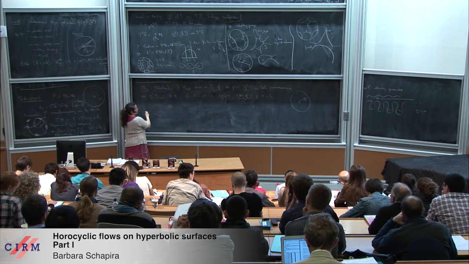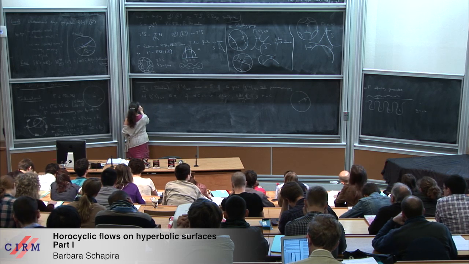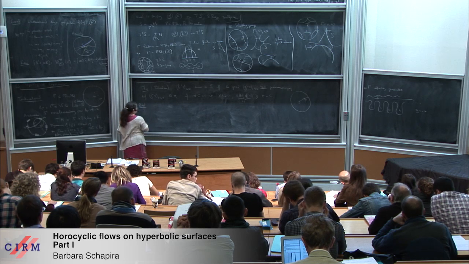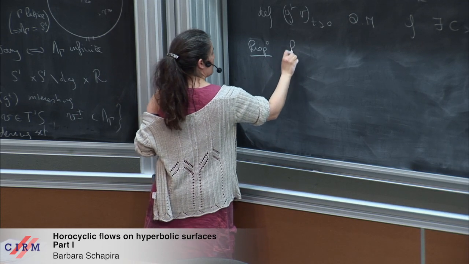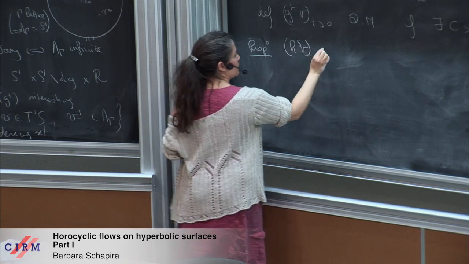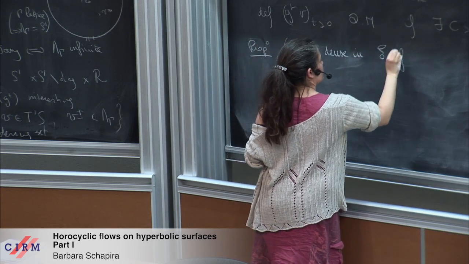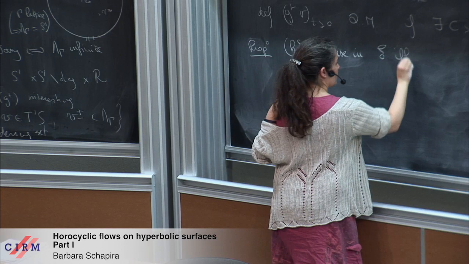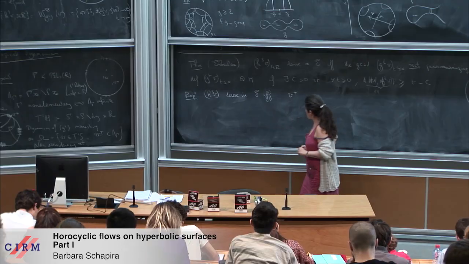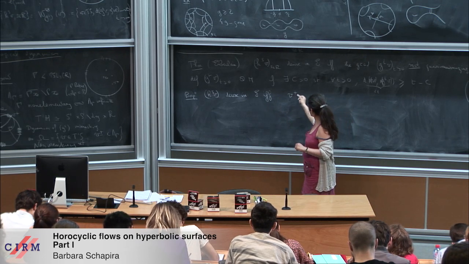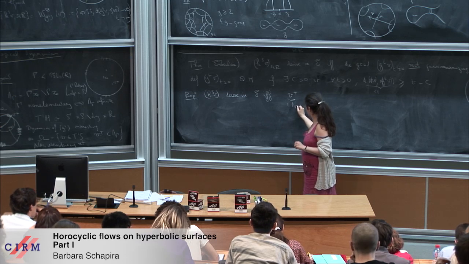There is another formulation of this property. Maybe I should say proposition, that the horocycle of V is dense if and only if you look at V plus, which is a priori a point of the limit set.